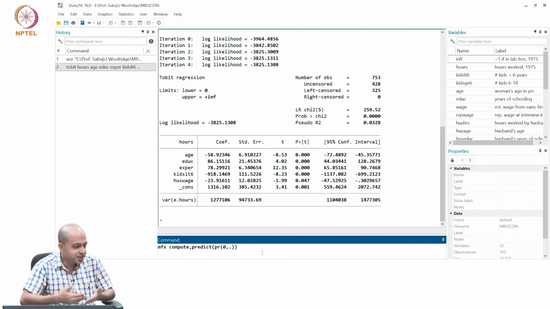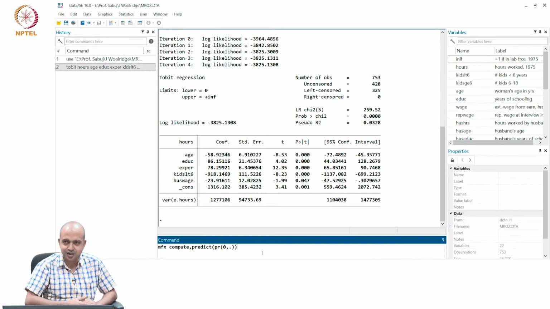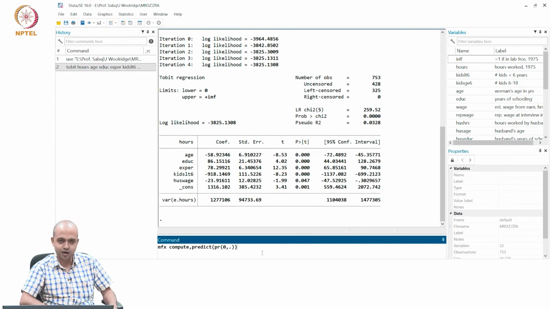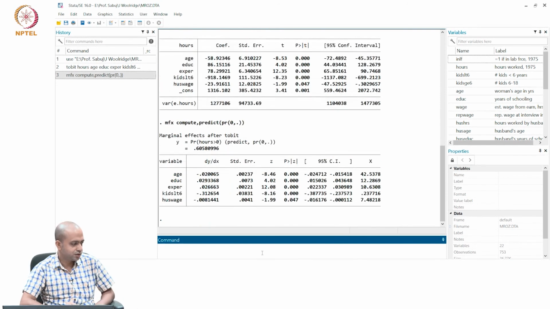So, I am asking Stata to first predict the probability of labor force participation, and then calculate the change in probability from that base point. So, this is the command for estimating the first type of marginal effect, and if you press enter, this is the output.